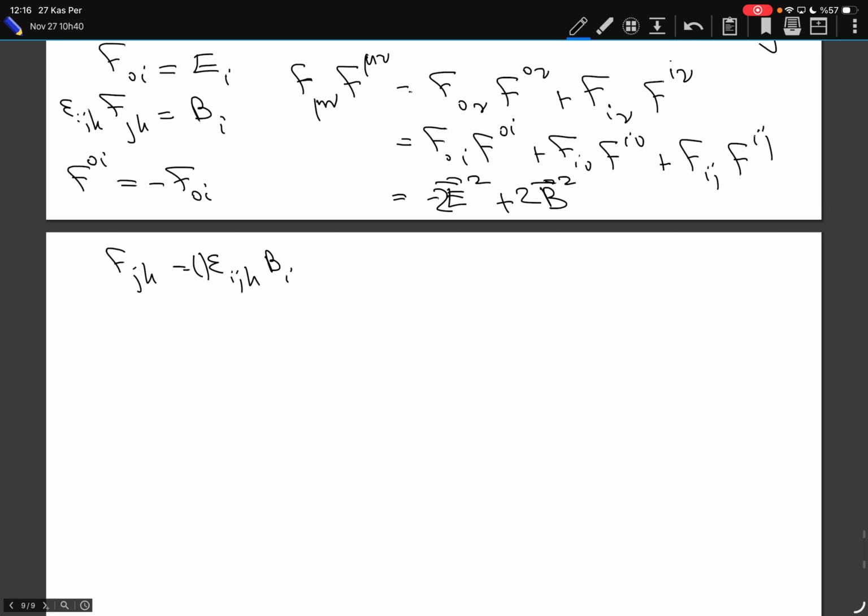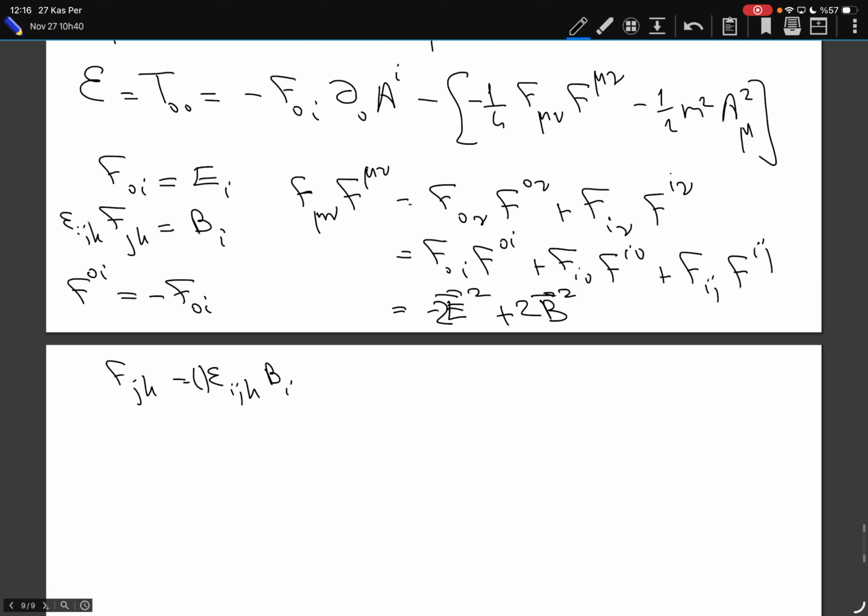Yeah, that constant is 2, or 1 over 2. It should be 1 over 2, I think. If I want to put the Levi-Civita tensor on the right hand side of the equation, then I will get some constant, because of the contraction of the Levi-Civita tensor. So no problem, the constant is there. Fine.